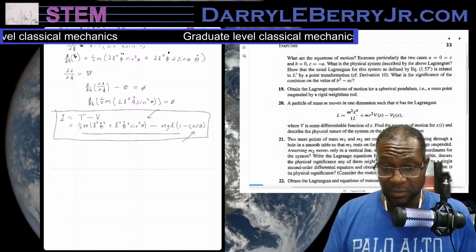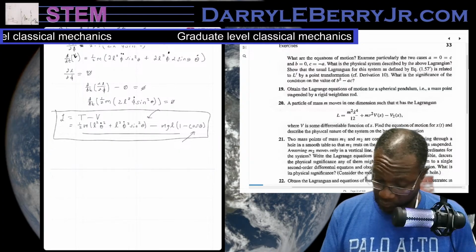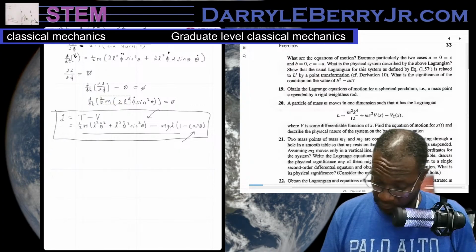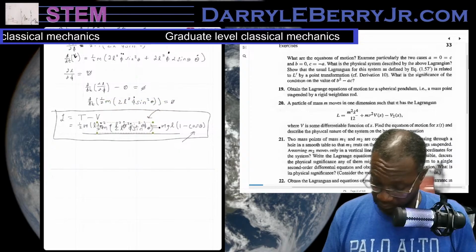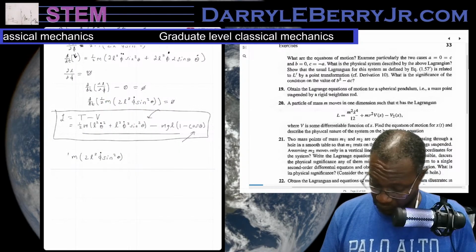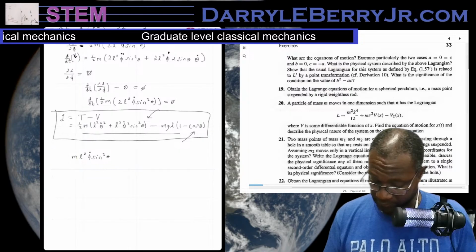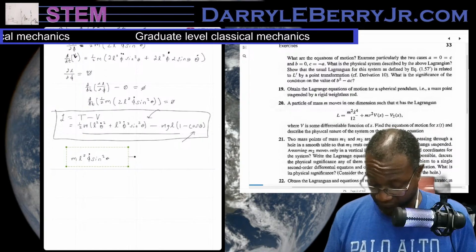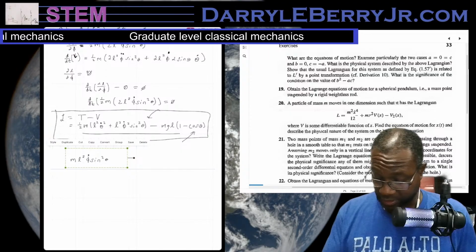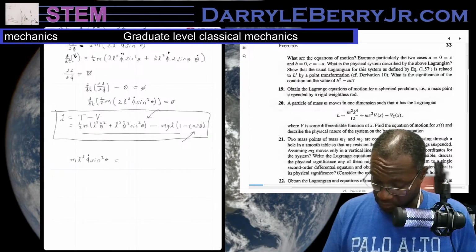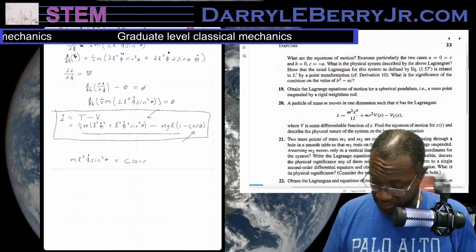Thus, if I multiply the 2 in, m L squared phi dot sine squared theta equals c, a constant.